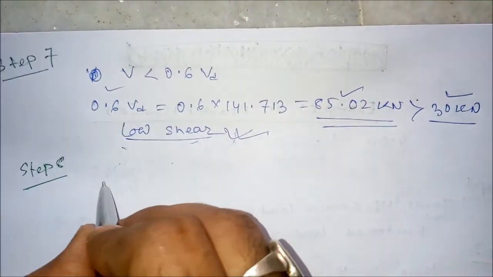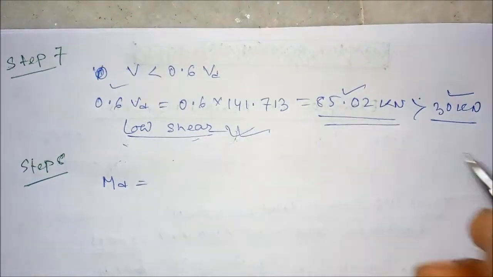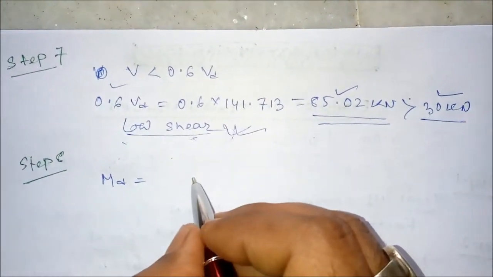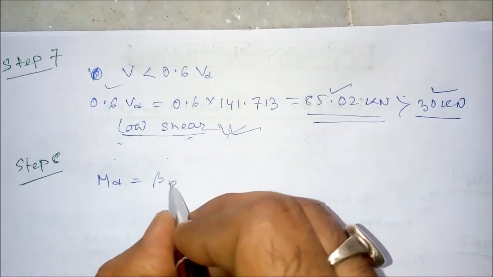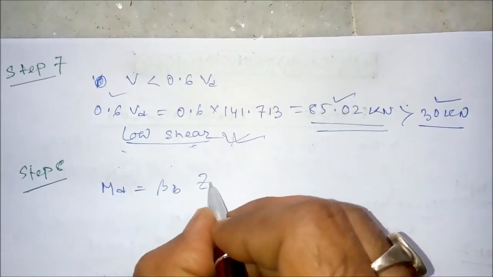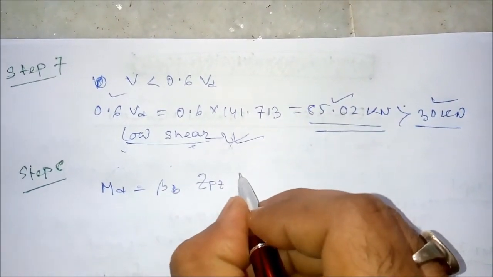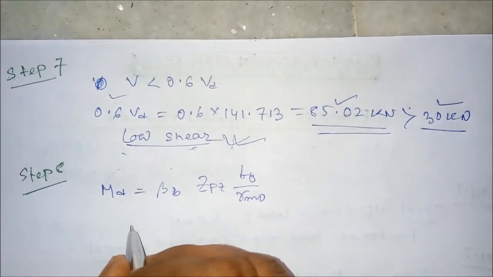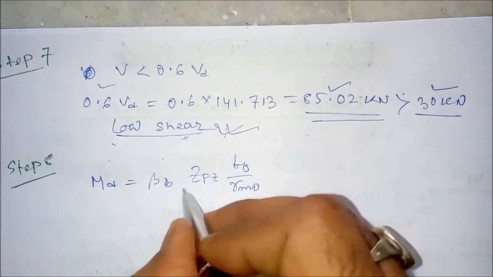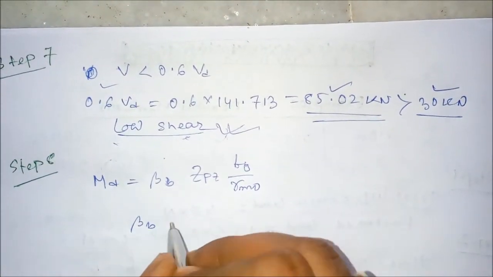Design bending strength, that is Md. For low shear condition, what will be the value of design bending strength? This will be beta b Zp Fy by gamma m0. What are the values of beta b?